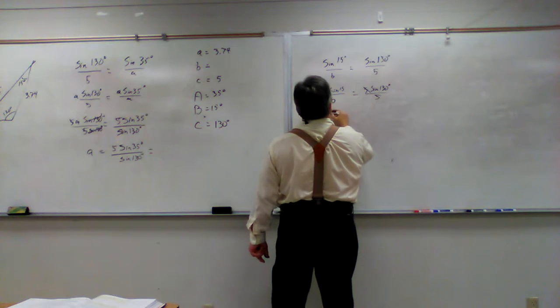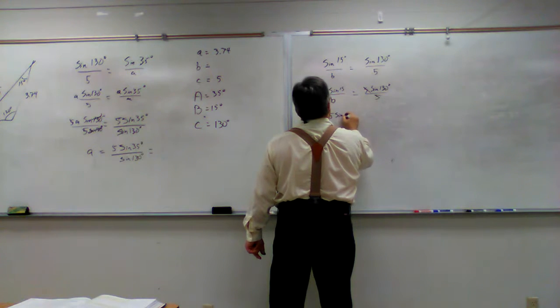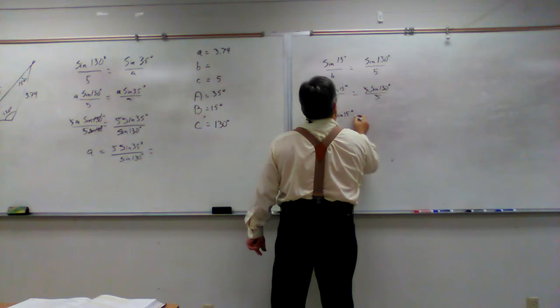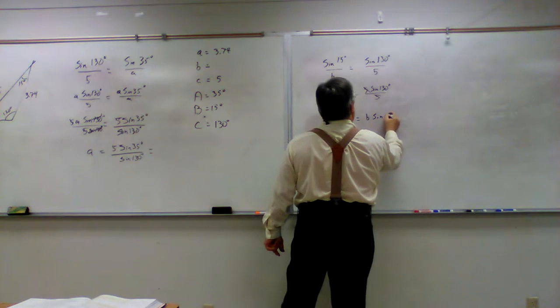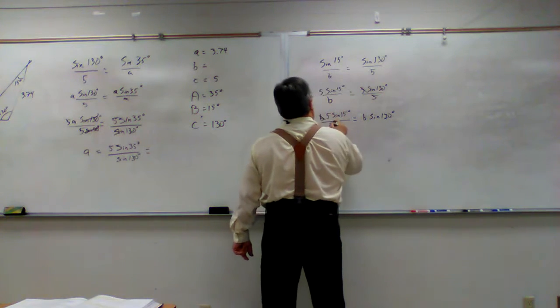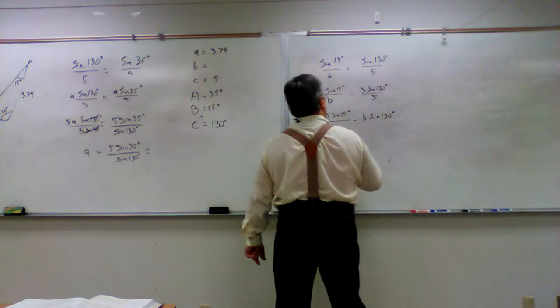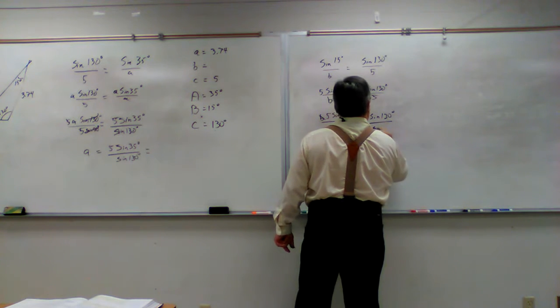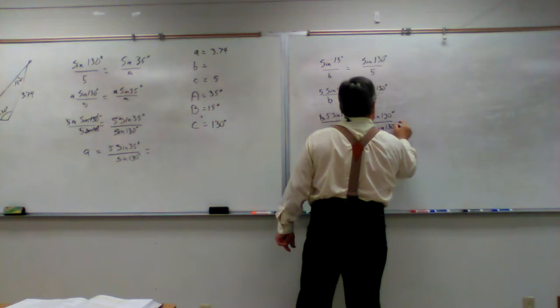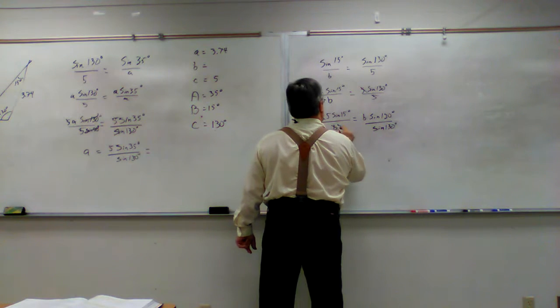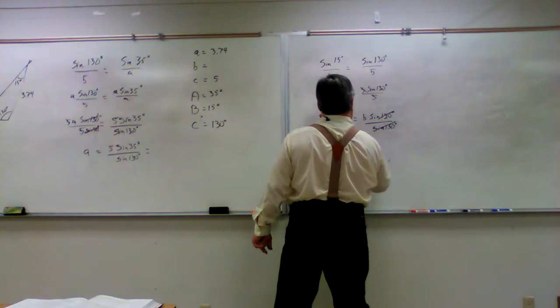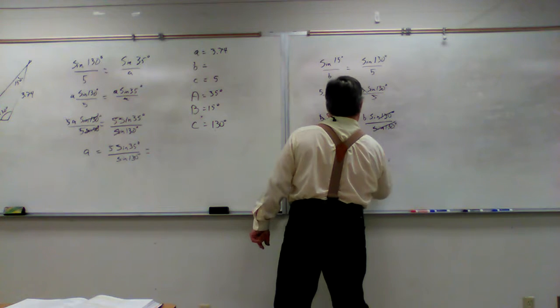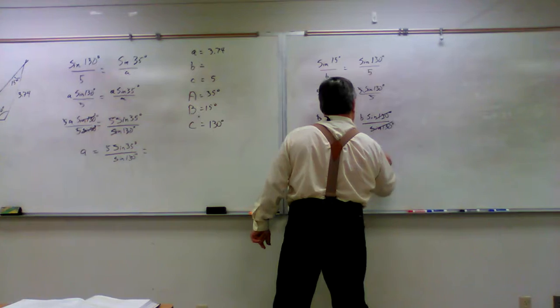Multiply both sides by B. And they cancel over here, and then divide both sides by sine 130. They cancel over here, and that leaves us with B is equal to 5 times the sine of 15 degrees divided by the sine of 130 degrees.